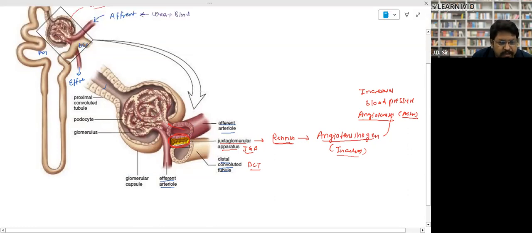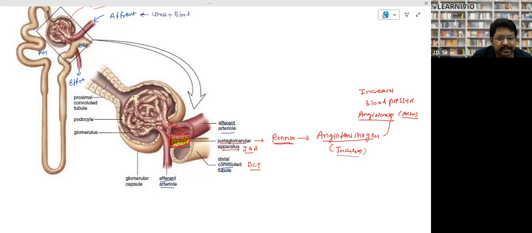So these cells are called JGA, juxtaglomerular apparatus, right? They are found between afferent, efferent, and distal convoluted tubule DCT. JGA have some granules and they secrete renin, right? Renin is an enzyme as well as a hormone.